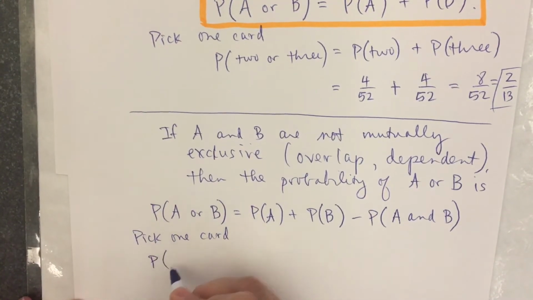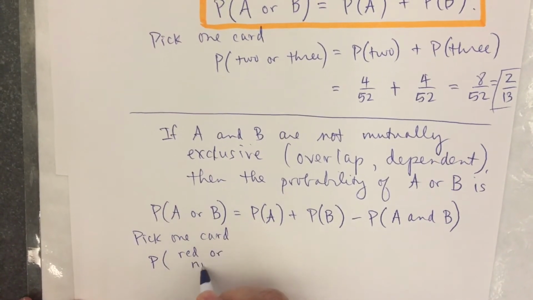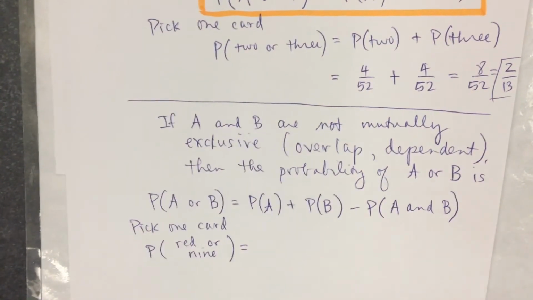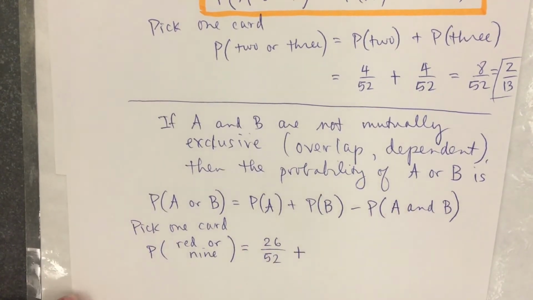So the probability of red or a 9, if I work it with the formula for the overlap, the probability of red is 26 over 52 plus the probability of a 9, that's 4 over 52.